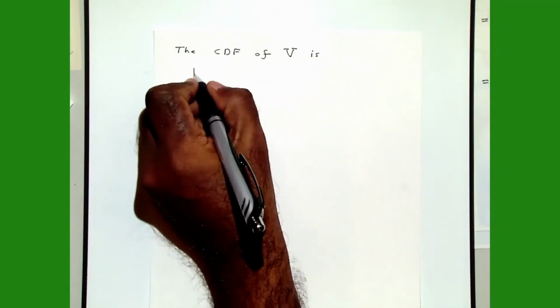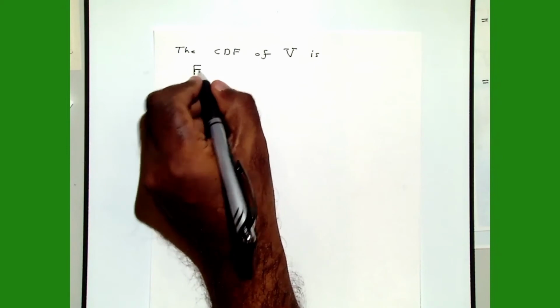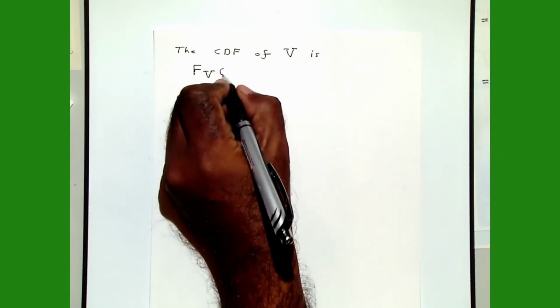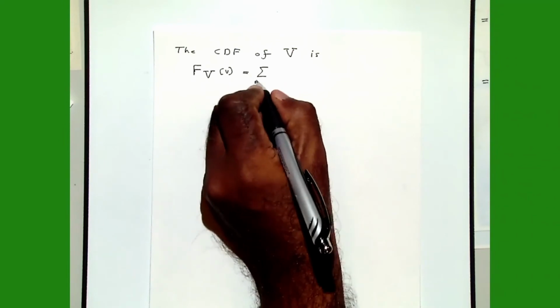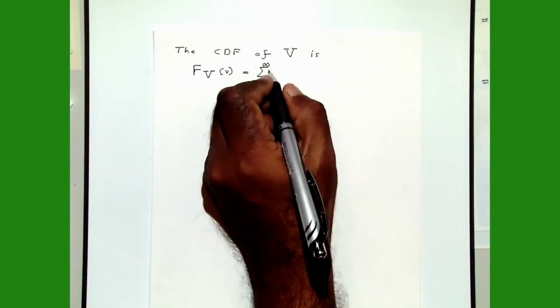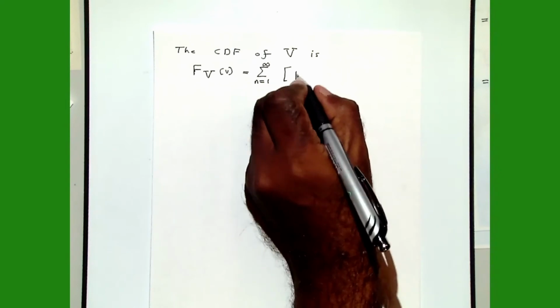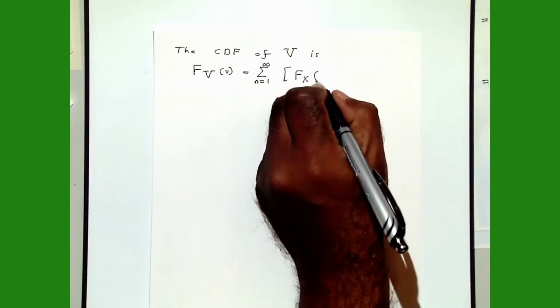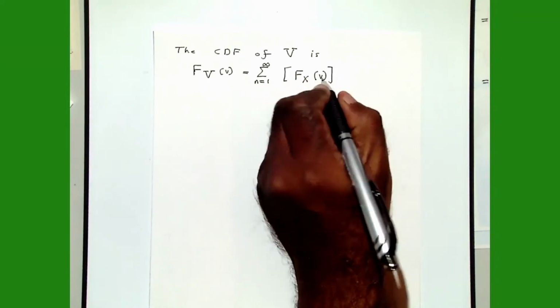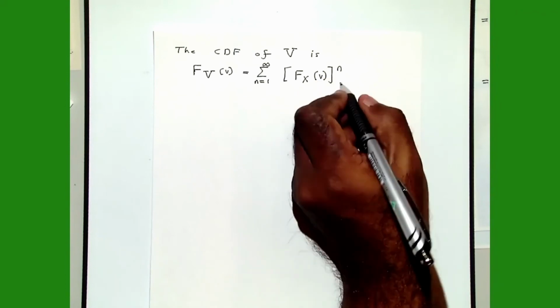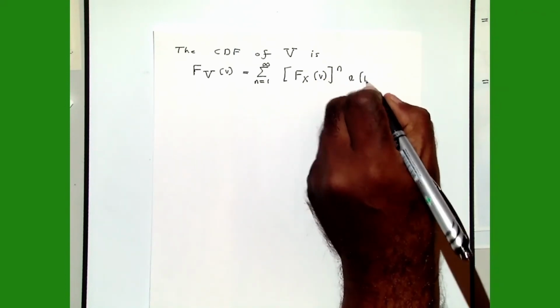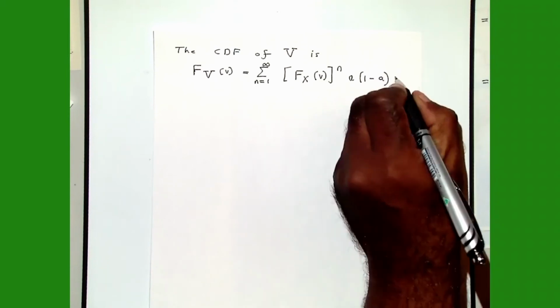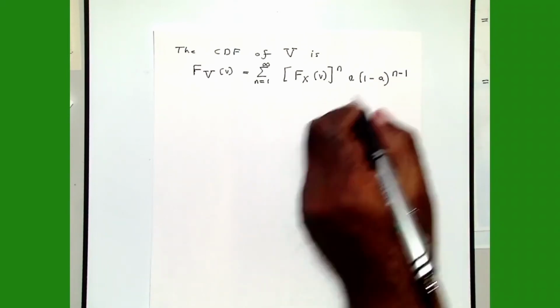Using the formula I gave you a few slides ago, you can write it like this, times the probability mass function of a geometric distribution, which is this.